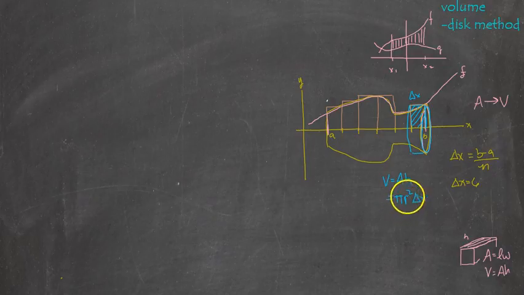Well, pi r squared isn't very useful yet because I don't really know what r is. Oh, wait, I do know what the radius is, because the radius for this disk is whatever f of b is. And now I have everything I need to write the volume of this disk. The volume would be pi times r squared, which is just f of b. In this case, I'm going to write f of x sub i to keep it general, squared, because it's a radius, times whatever delta x is.